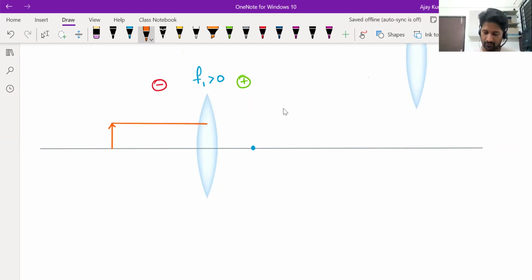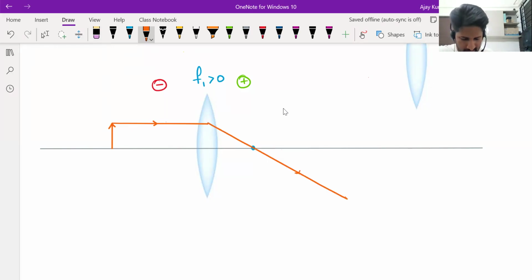Understand this carefully because the diagram given in your textbook is not very informative. You may get confused, like how can we draw it like that? If this object is at finite distance, it's not at infinity. I'm doing the basic ray diagram. One ray passes through the focus after refraction, and another ray passes through the optical center. It does not undergo any deviation, goes straight like this. You get the image somewhere here.